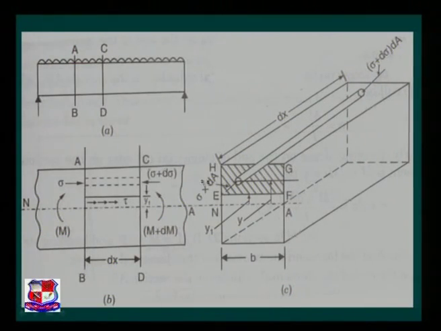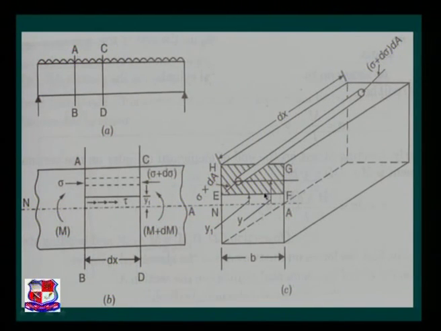All the three figures have been drawn simultaneously: the original figure of a beam showing the two cross sections. Here the two cross sections are shown from the elevation point of view, AB and CD, and this is another figure C which shows section AB, section CD, and the distance dx.